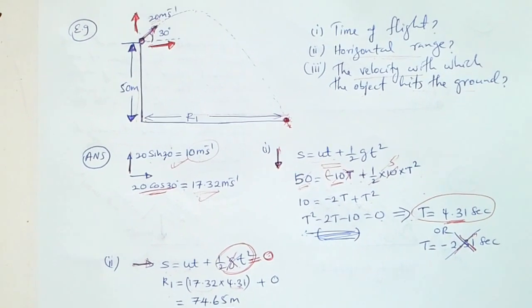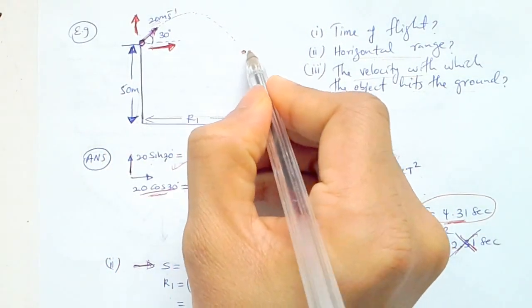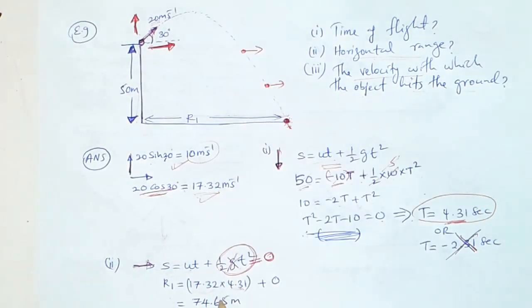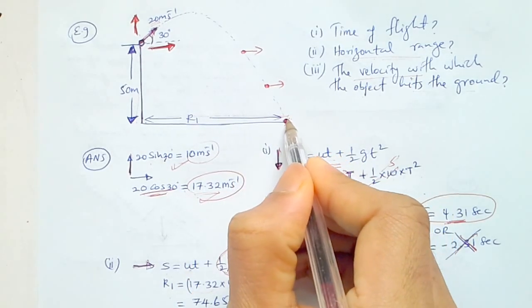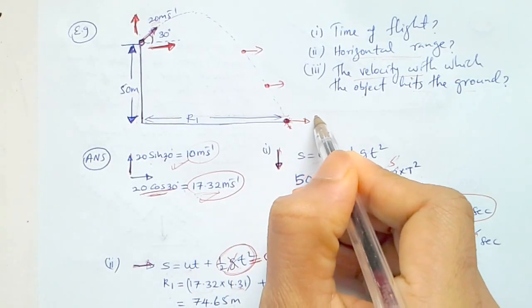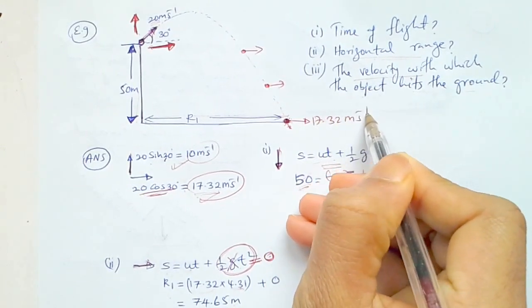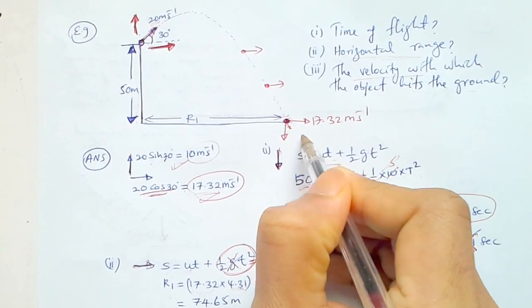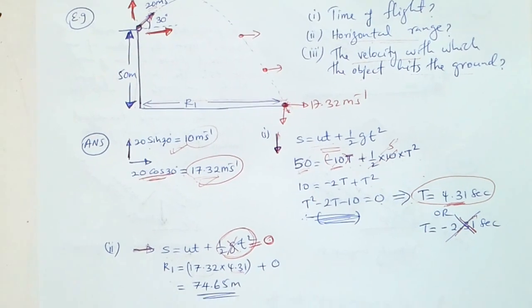Remember, we said the horizontal component doesn't change, so whatever position you take, you will get the same 17.32 meters per second. So you need to know only the vertical component so that you can find the resultant velocity.